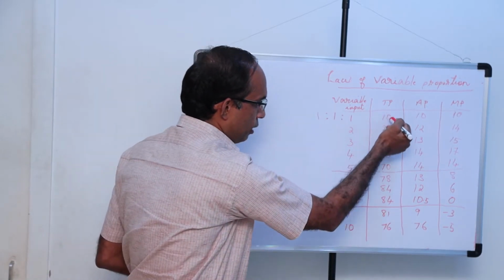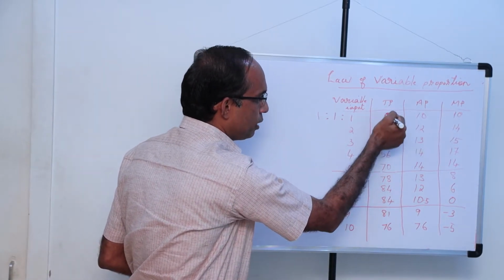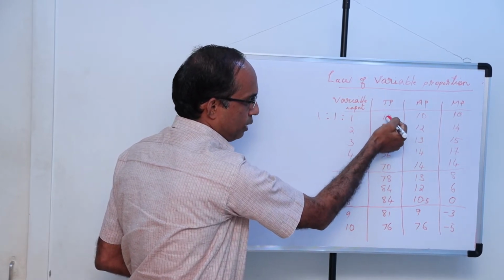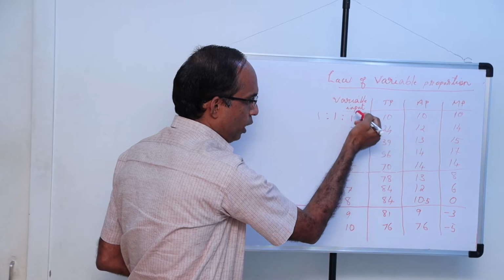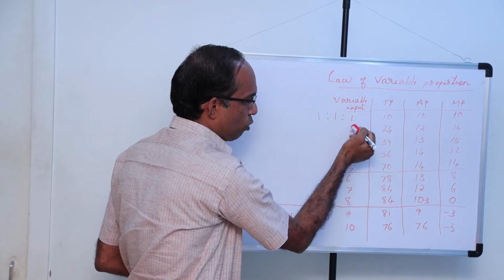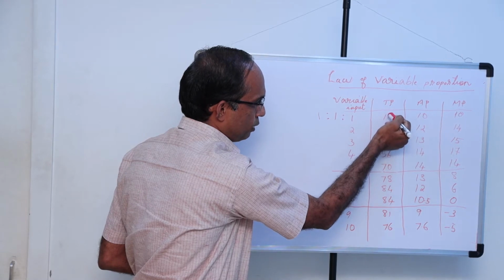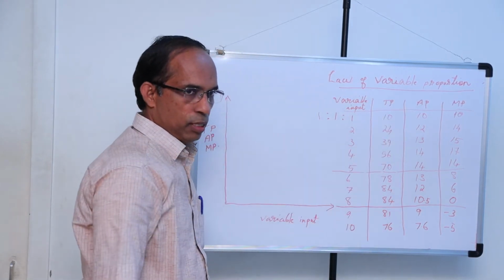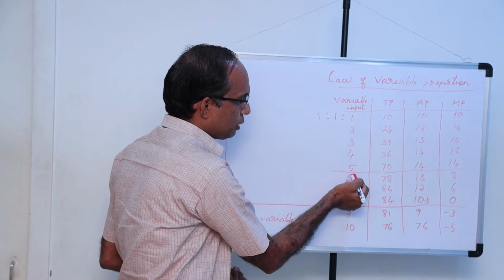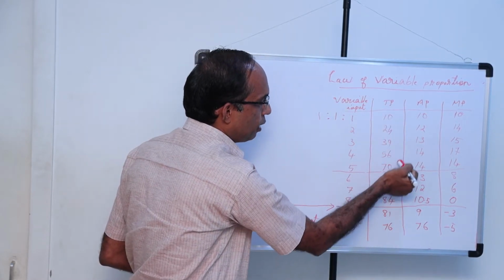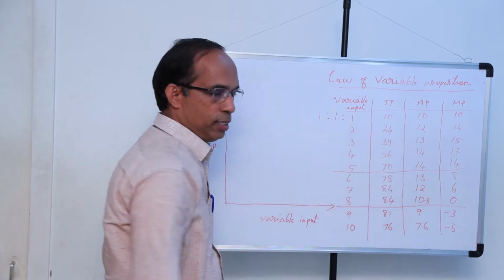Because the increase is more than the initial increase, more than the original output, that is 10. When he uses the second kilogram of variable input, total product increases from 10 to 24. Till he uses the fifth variable input, total product increases at an increasing rate.